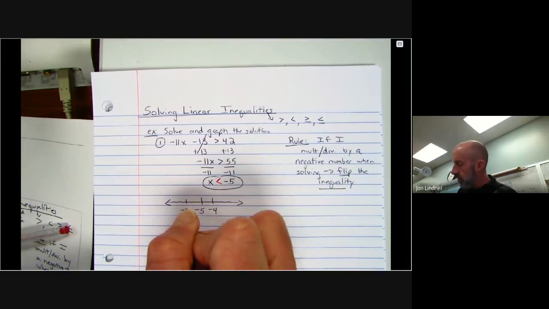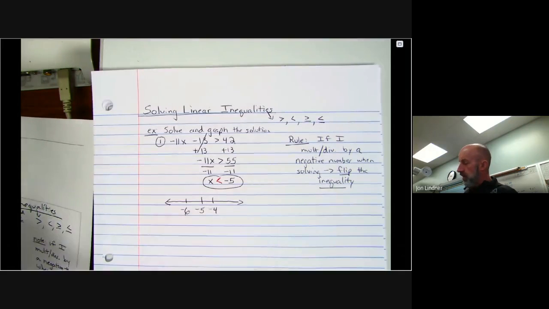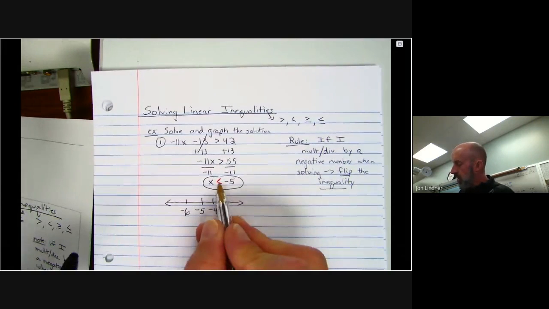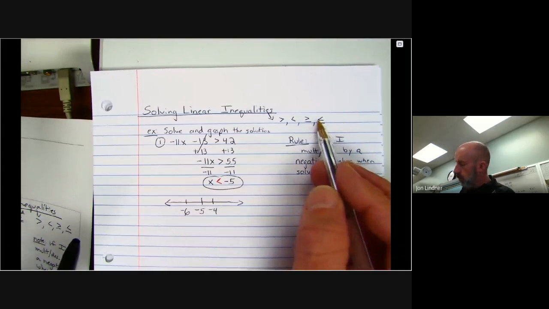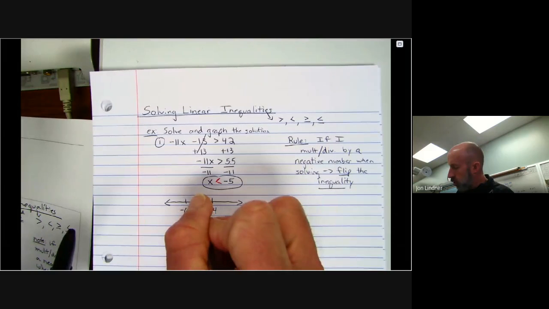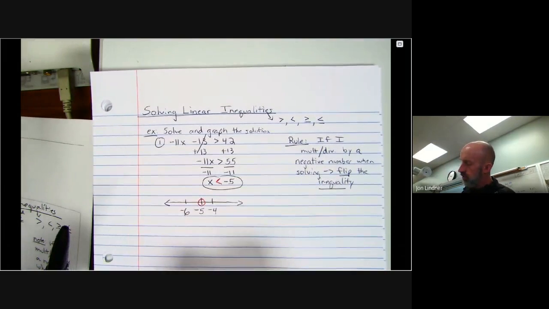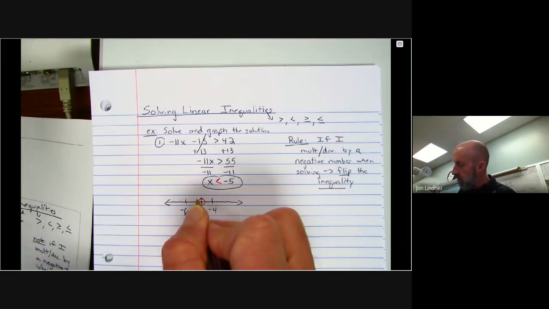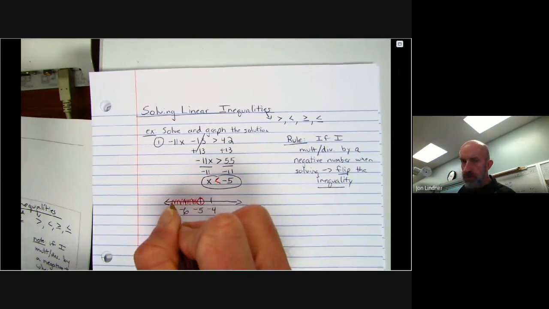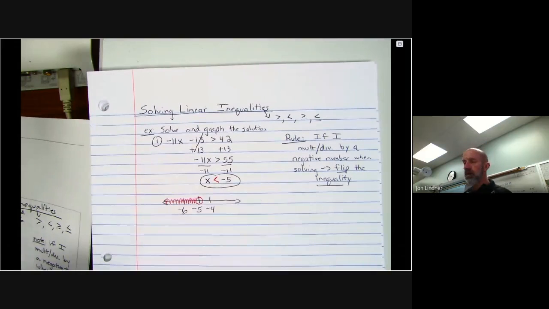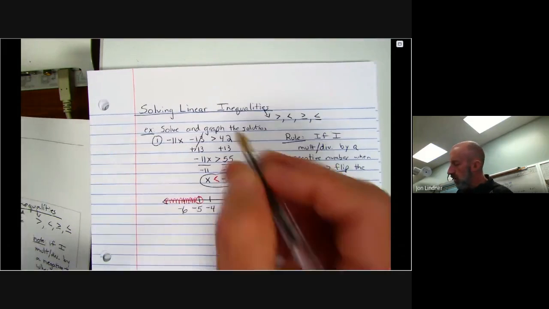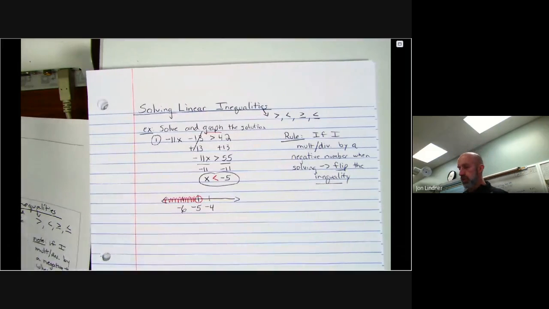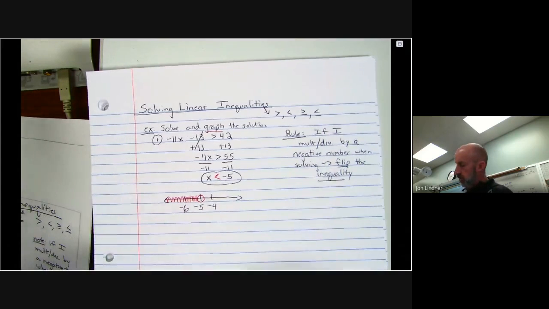Negative 6 is over here. Since it is less than and not less than or equal to, I just put an open circle, and it is all of the x's that are less than, so I shade to the left of the negative 5. And that is how we graph the solution. All right? Let's do another example.